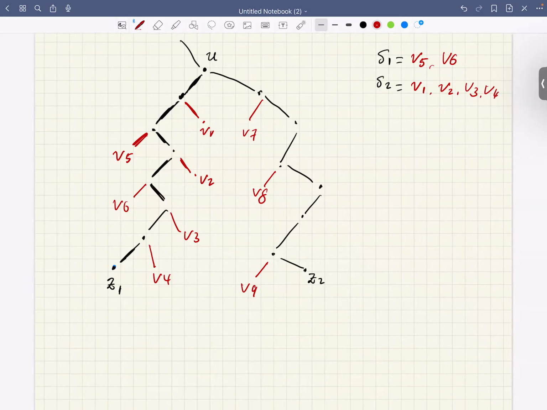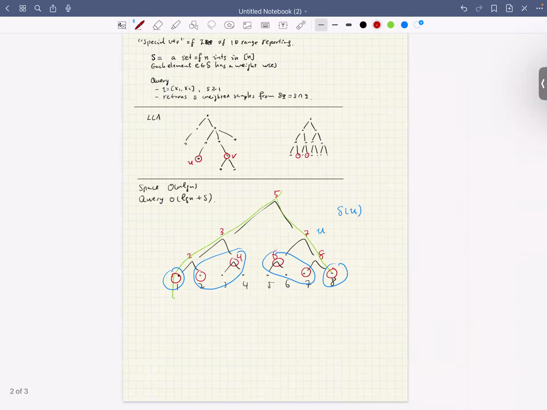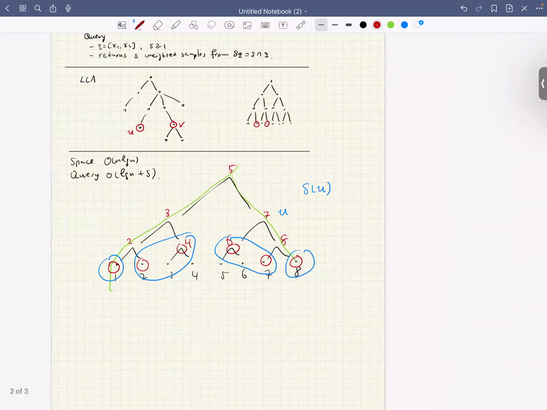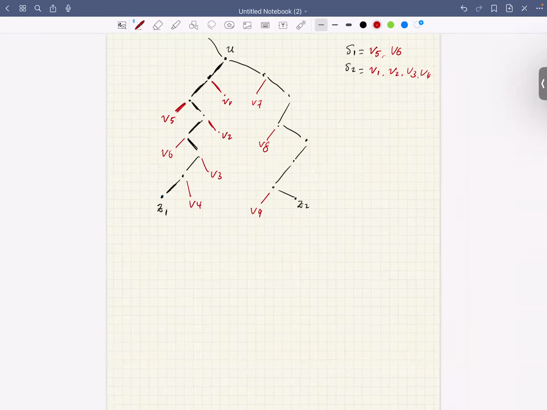A query says I give you a range, let's say from 1 to 8, from 1 to 4, etc. I want you to extract weighted samples from within the range. Remember, the query is also in the rank space, so I give you 2 leaves. You don't have to search for the leaves; I already give you the 2 leaves.